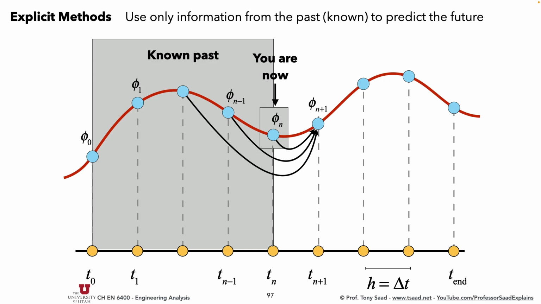You want to predict the future. So you use all the information that's available to you to predict the future. The advantage of this method is that it's very simple. It always results in linear systems of equations that are easy to solve, but it's like driving and only looking in the rear view mirror.